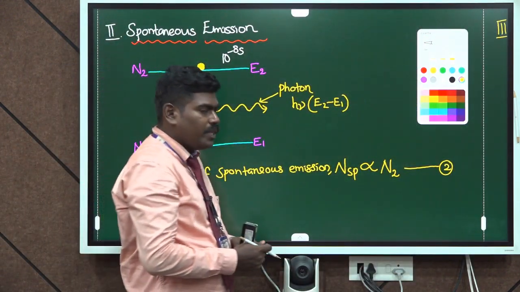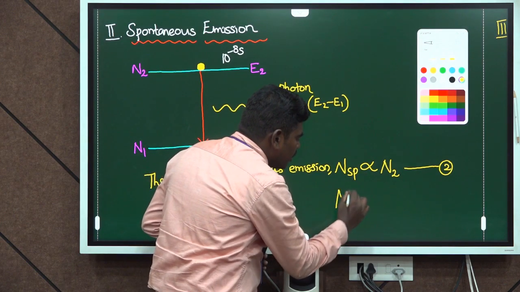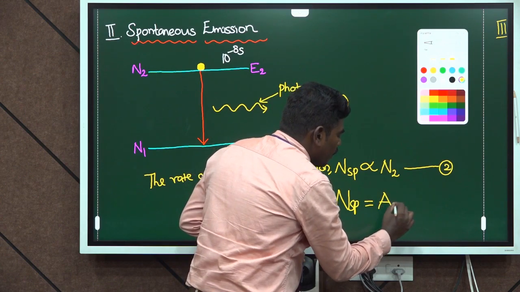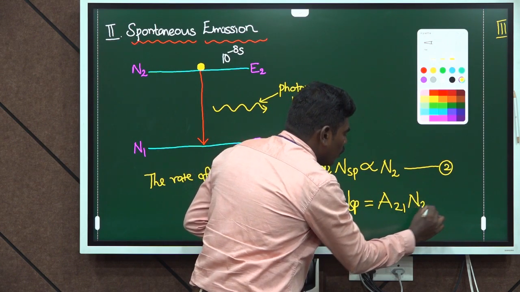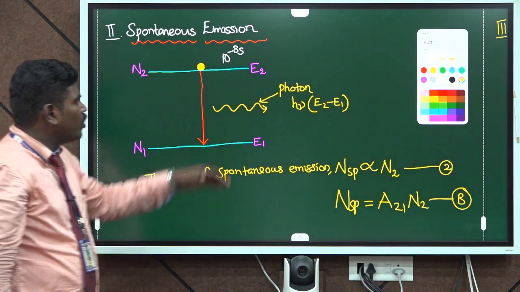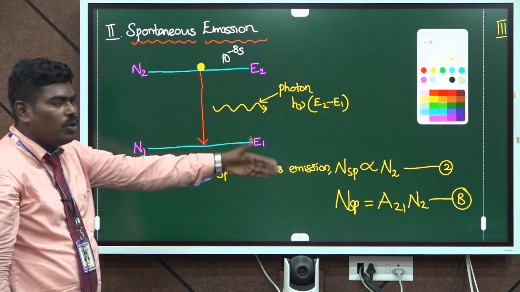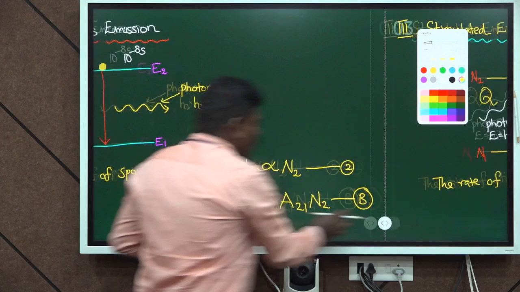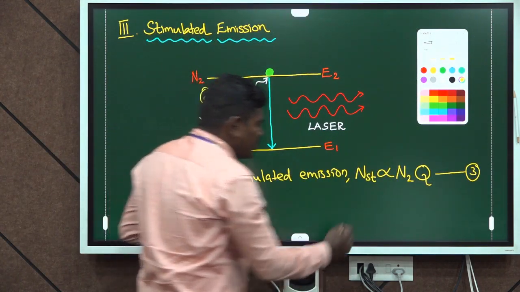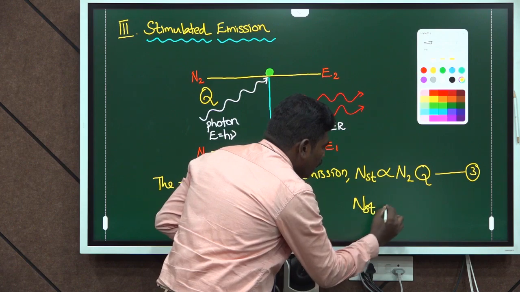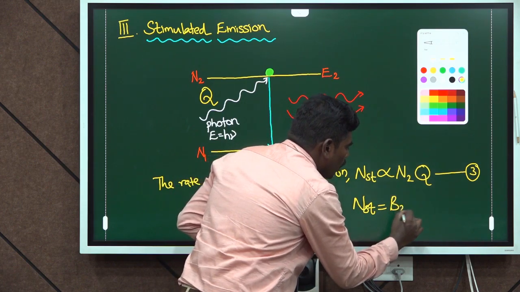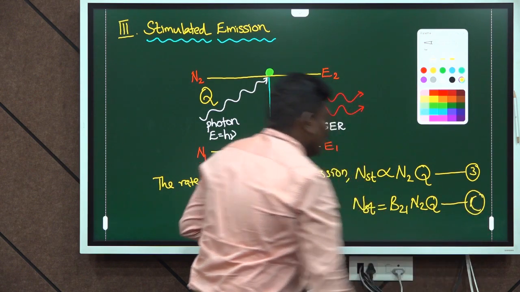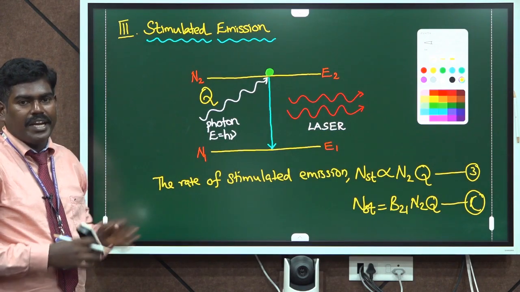In the second equation, the rate of spontaneous emission is equal to another proportionality constant, A21 N2. So this is equation B. A21: A indicates spontaneous, and 21 indicates the transition from 2 to 1. Similarly, the rate of stimulated emission NST equals B21 N2 Q. So now we have arrived at three distinct equations.